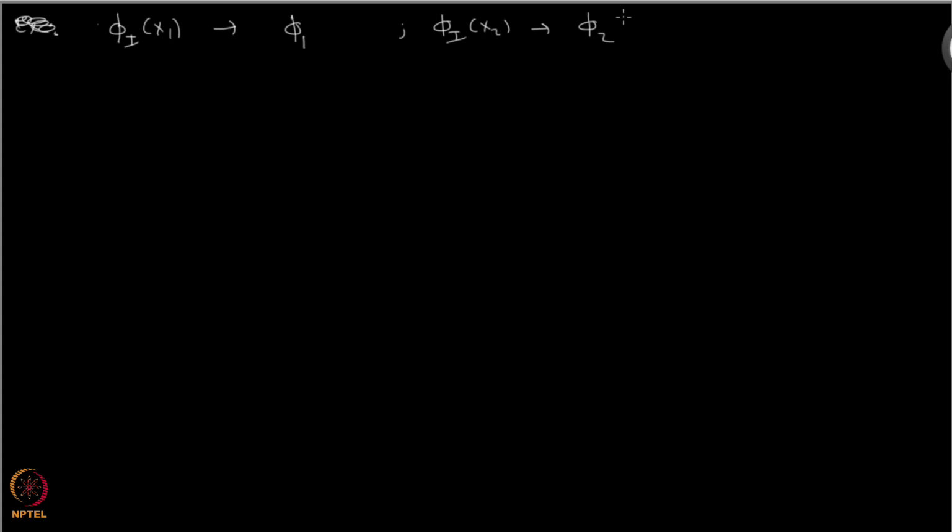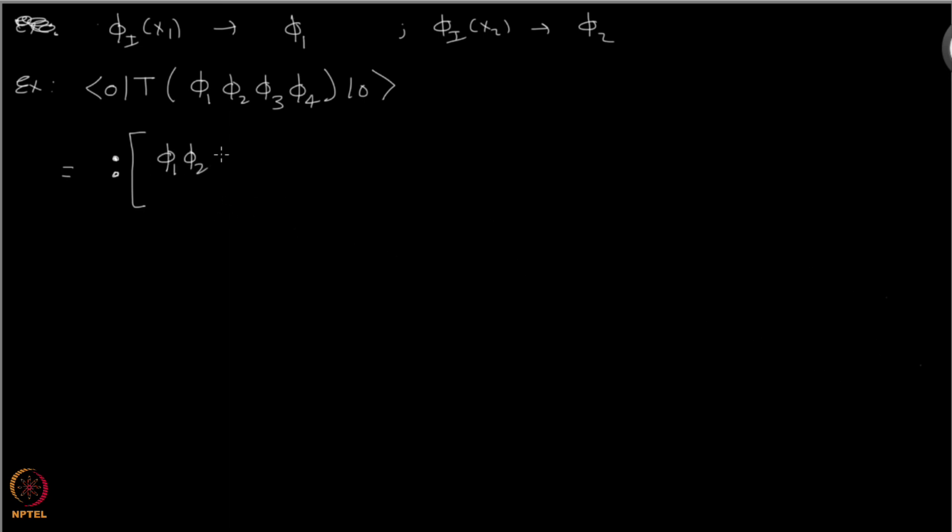Use this and show the following: if you take the time order product of four fields, you should show that this is equal to a normal ordered product of phi 1, phi 2, phi 3, phi 4, plus the contraction terms. That's the equivalent of what you got here.